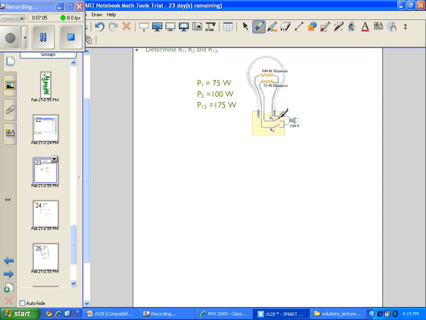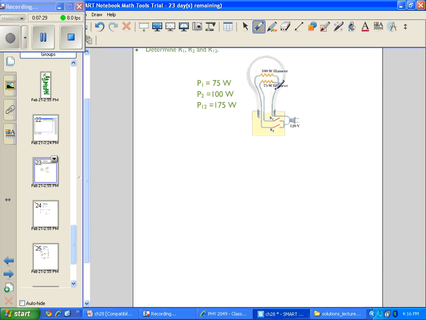But when both S1 and S2 are closed, we have current which splits off. Some of it goes to the 75 watt filament, some of it goes to the 100 watt filament, and the combination of those two, since we have a split or a junction, makes these resistors connected in parallel.